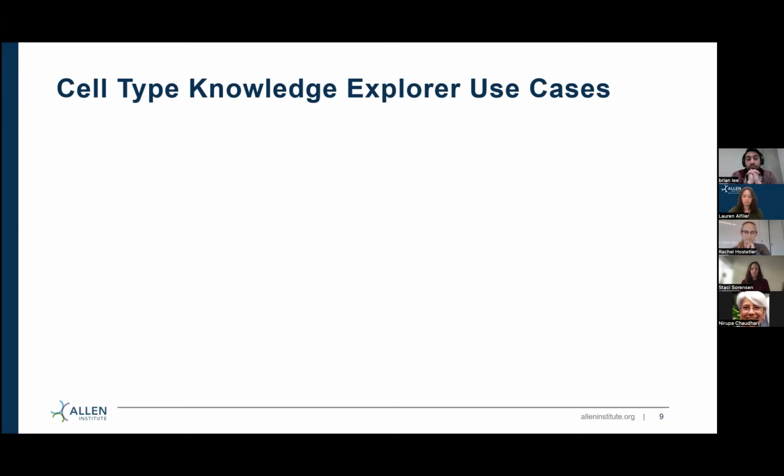So then the other question, which is sort of immediately before that, when you show morphologies, my question is how are you integrating multiple examples of that cell type?